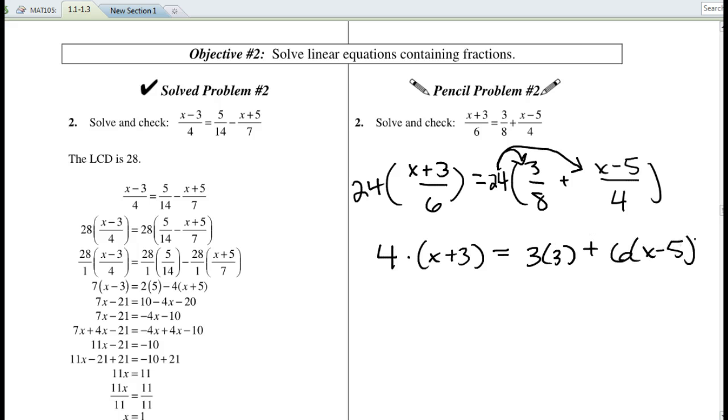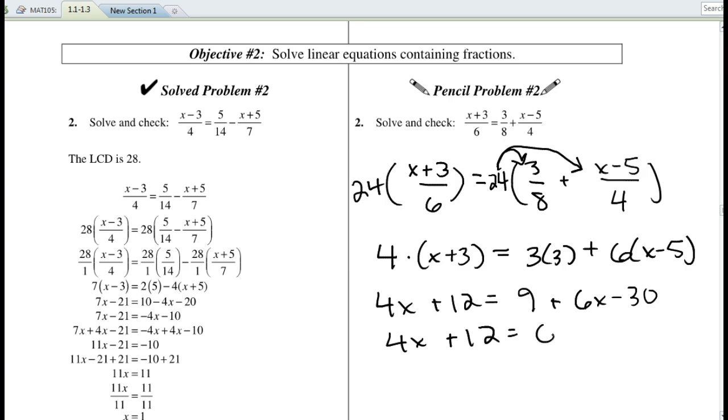And then we're just left with an equation like we had in the previous example. So we'll get 4x plus 12 equals 9 plus 6x minus 30. We can do a little combining on the right-hand side of the equation and get 6x minus 21.